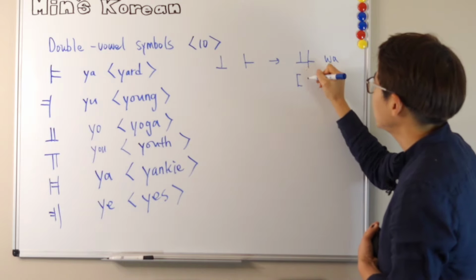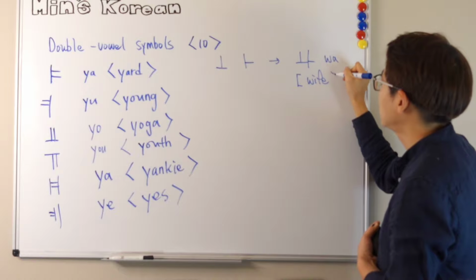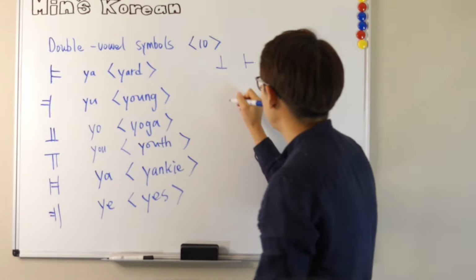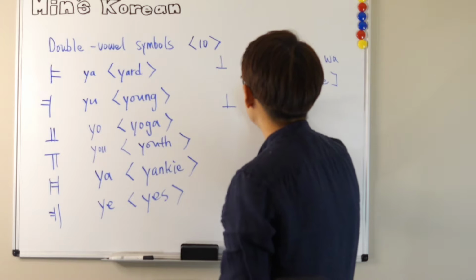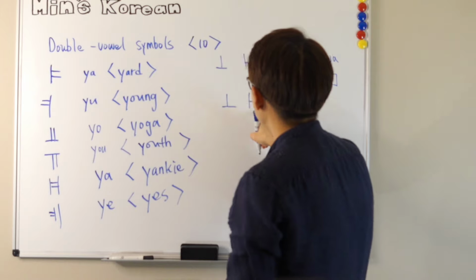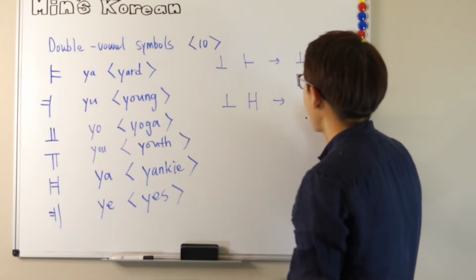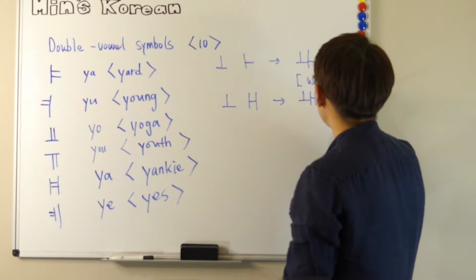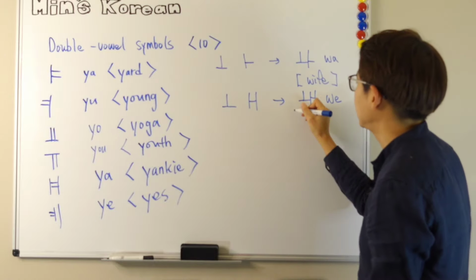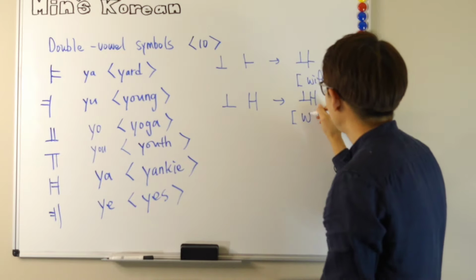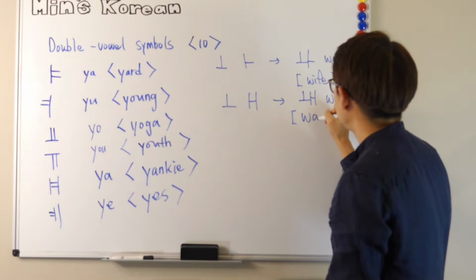An example would be wife. And next we can combine O with E, and it becomes we, as in wait.